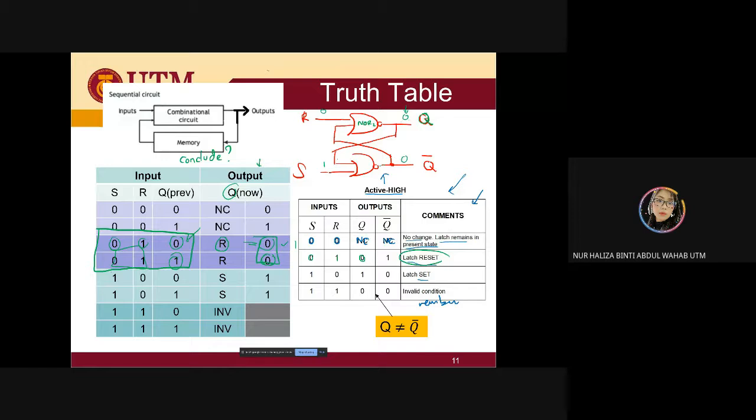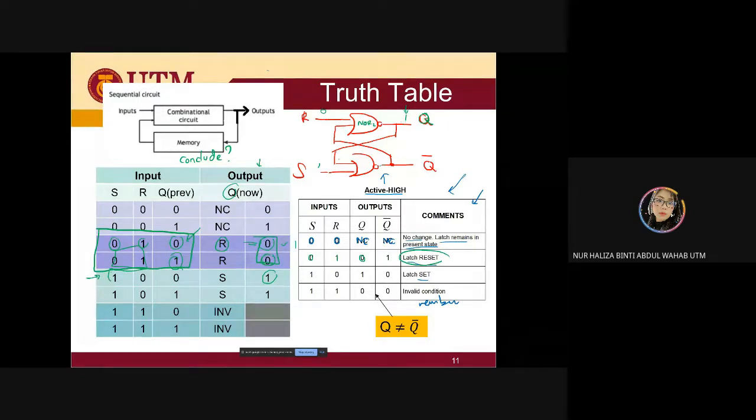This 0 is going to fit in here as a 0. 1 and 0, you will get 0 at your Q. And this will fit in here, 0 and 0, you will get 1 at your Q. So your Q will be 1 for this scenario.